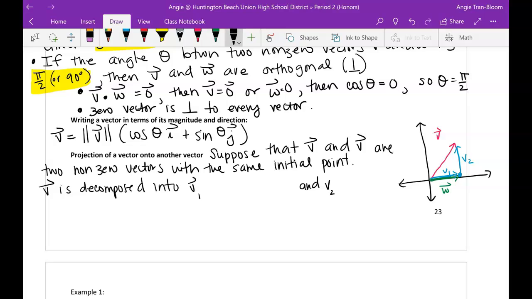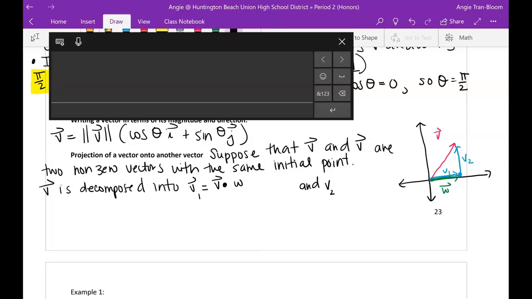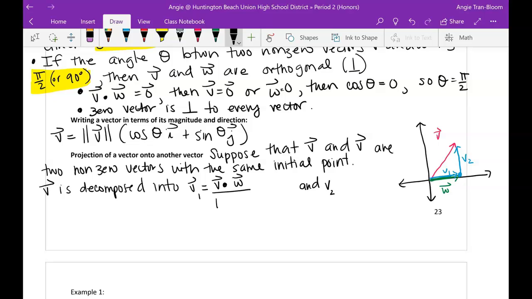So how do I find what v1 is? v1 is vector v dot product with vector w, all over the magnitude of w squared, times vector w. That's what v1 is. And v2 is much simpler. I can just take my regular v and subtract v1. So v is decomposed into v1 and v2.